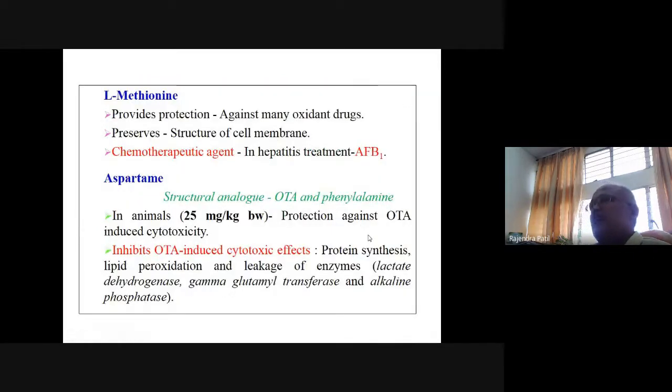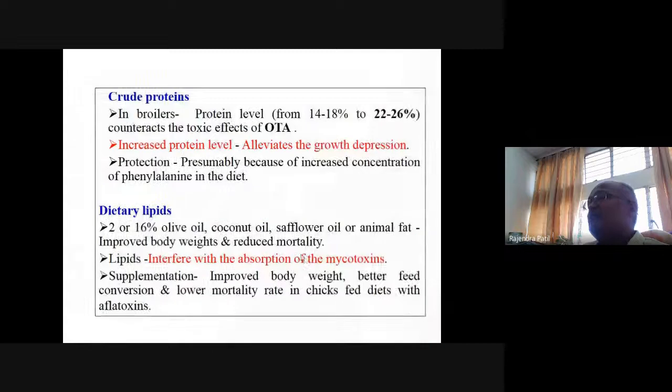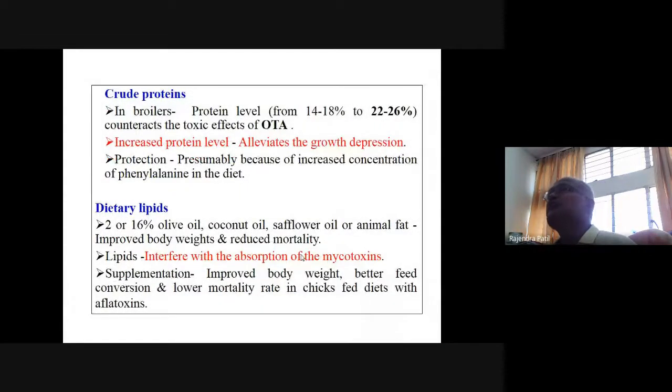Then methionine and aspartame are also used as ameliorating agents. Aspartame inhibits the OTA-induced cytotoxic effects and ultimately protects the animals. Then dietary protein: if you increase the protein level in the diet during mycotoxicosis, from 14 to 18% to 22 to 26%, that will also alleviate the toxic effects of aflatoxin-induced toxicity in birds.